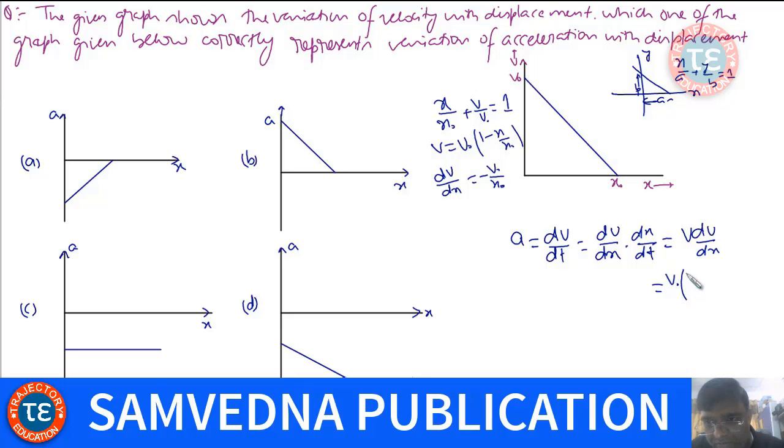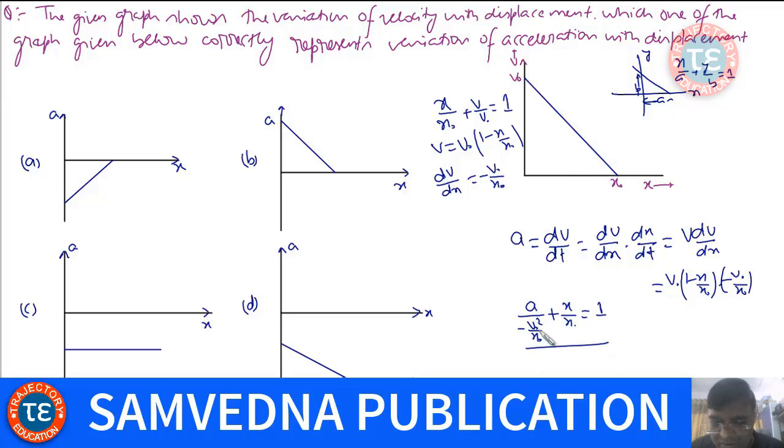So v is v naught into this, or this can be written as a upon minus v naught square by x naught, plus x upon x naught, equals 1.